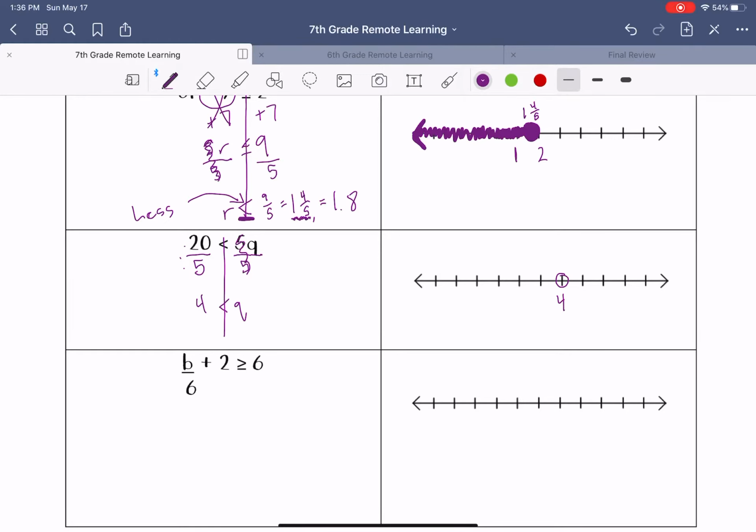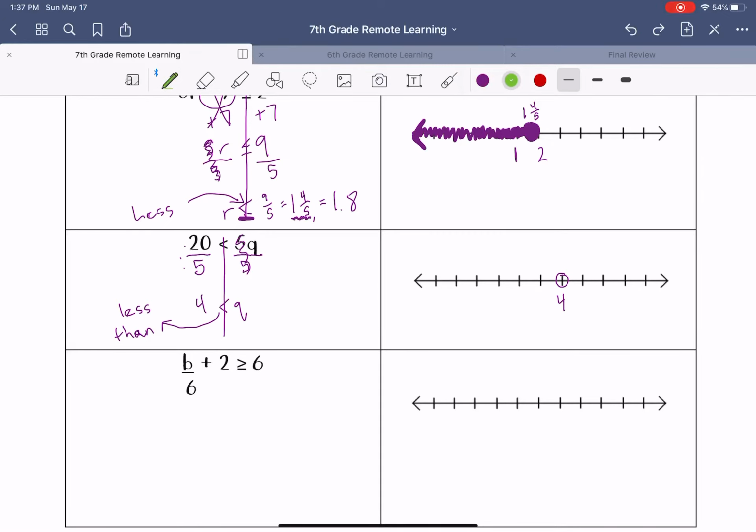But I want to point something out that is a common mistake that I have seen. And that is that we're not paying attention to the order of our inequality. So this right here, this is a less than. And so it is very common for students to see the less than and say, okay, I'm going to shade to the left. But that's actually not correct because it's 4 is less than q.